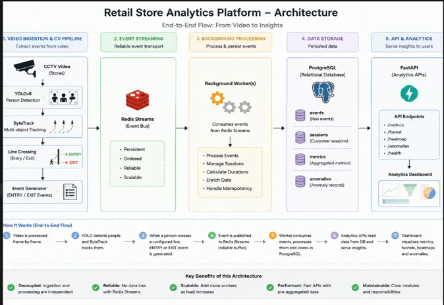It handles idempotency, which makes sure that if the same event is accidentally sent twice, it only gets processed once. All these things are handled by the background worker.